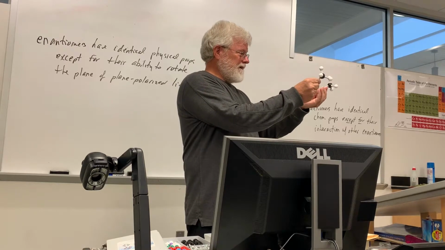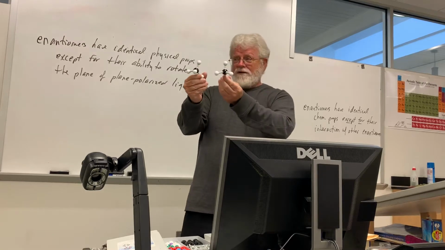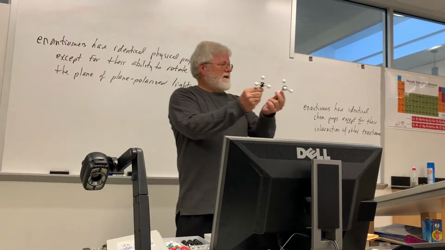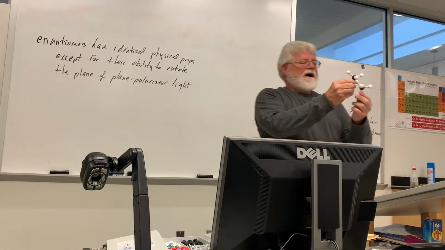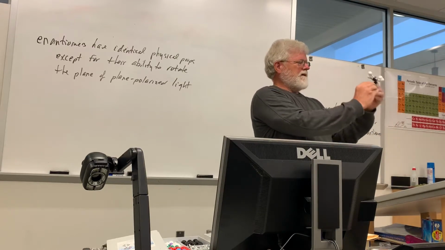Carbon enantiomers? They're mirror images of each other. Carbon enantiomers? They're the same thing. I pull this out of the mirror, I try and line it up with this guy, I can totally, completely line it up.